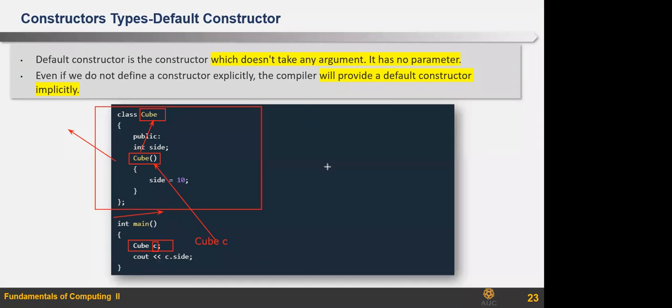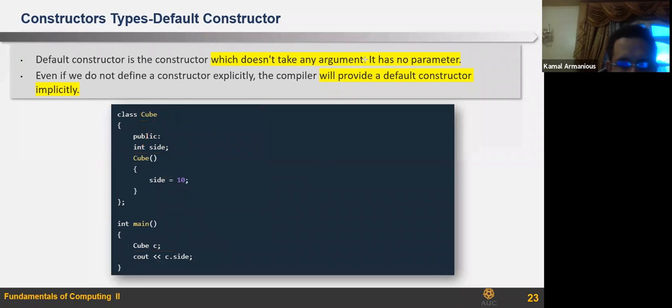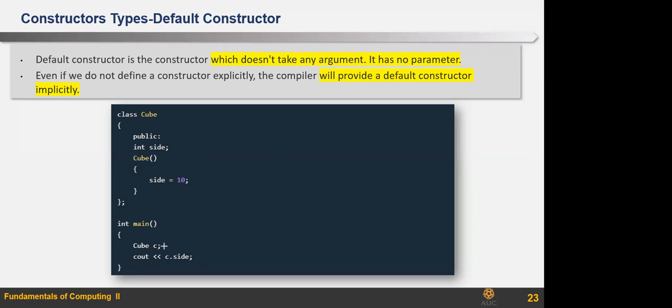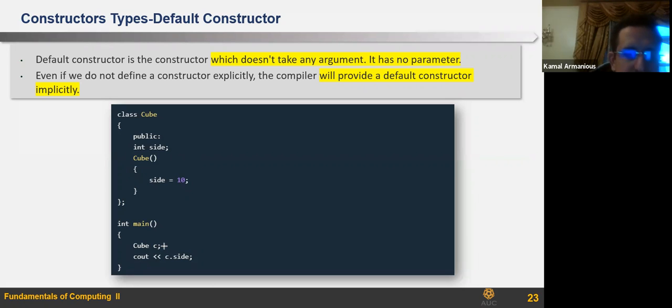Okay, Ayman. So let's go to this piece of code. We're creating an object of class cube, and this will cause what, Ayman? The constructor will be called when creating an object, and the default constructor will be called.